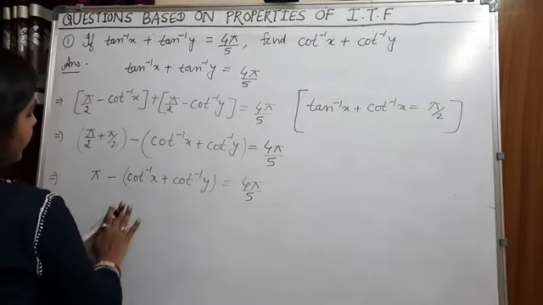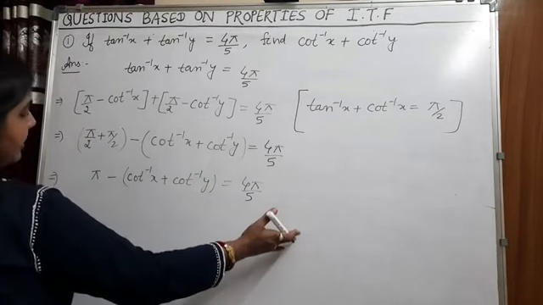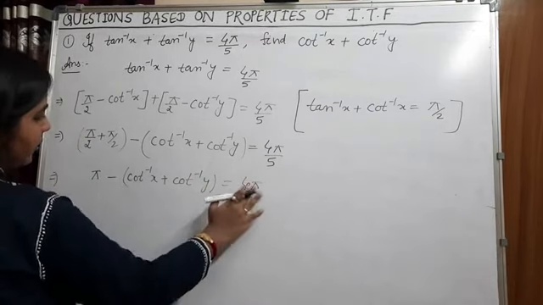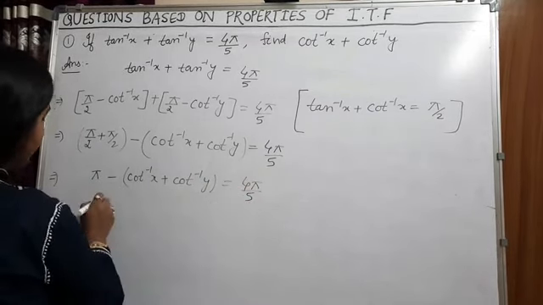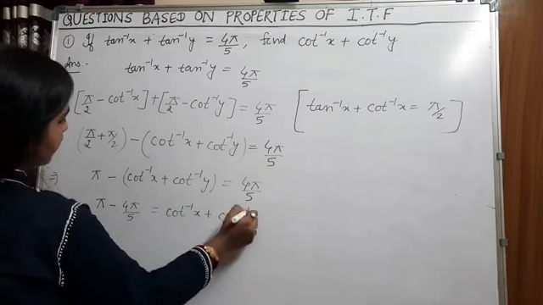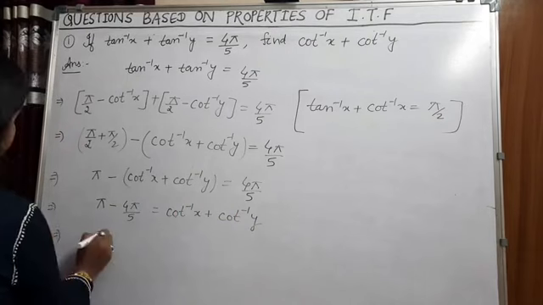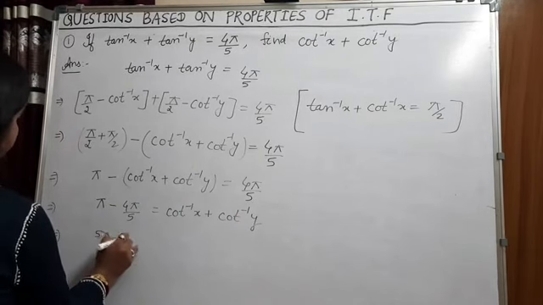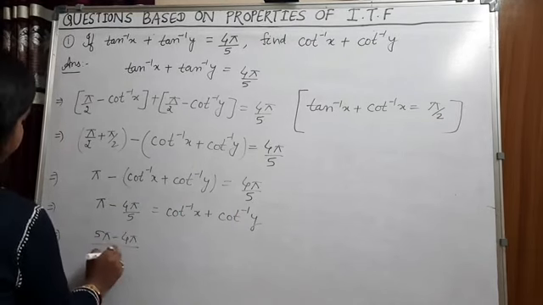So we can take this part on the right hand side, and 4 pi by 5 on the left hand side. So it is pi minus 4 pi by 5 is equal to cot inverse x plus cot inverse y. So finally we'll have here (5 pi minus 4 pi) by 5.